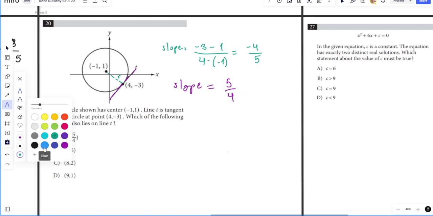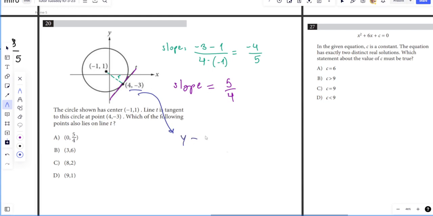In the equation for this line, using point slope formula, because we have its slope and we have a point on that line, it's going to be y minus that -3 is equal to 5/4 times x minus 4. Or let me simplify that a little bit. Y plus 3 is equal to 5/4 x minus 5.